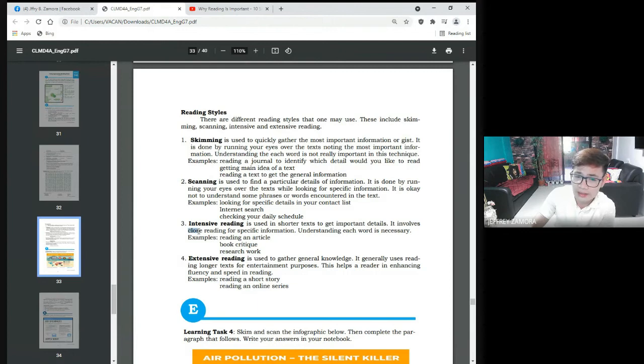In intensive, it is close reading for specific information. Here in extensive, what is your purpose for reading that kind of text or book? Your purpose is only entertainment, and of course you also want to enhance your fluency in reading. That is what you call extensive reading.